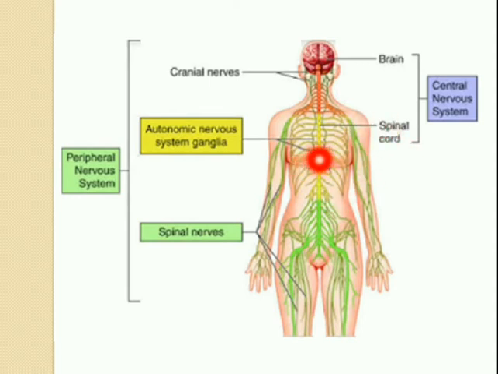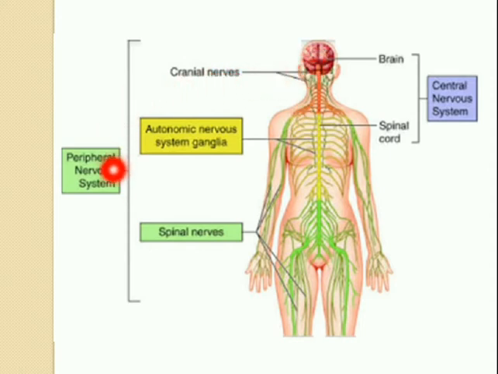And from the spinal cord, the various nerves are arising. From the spinal cord, the nerves arising are called spinal nerves, and the nerves arising from the brain are called cranial nerves.